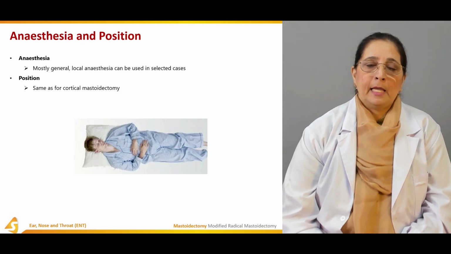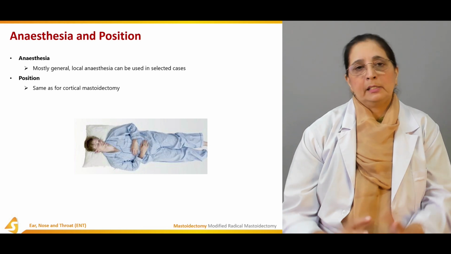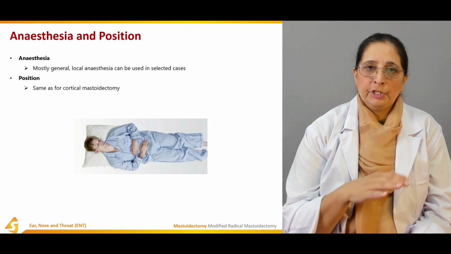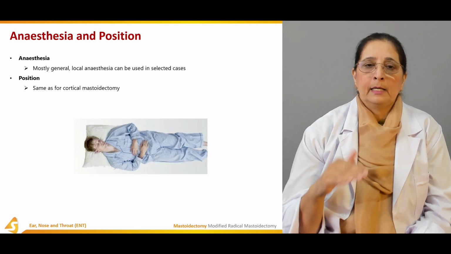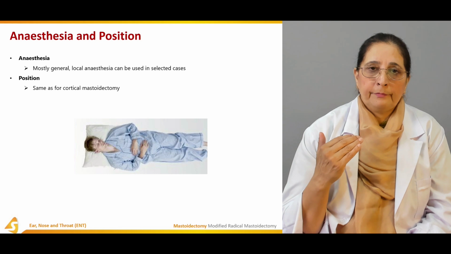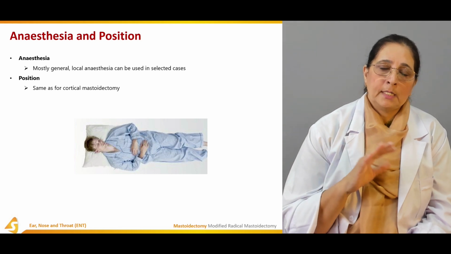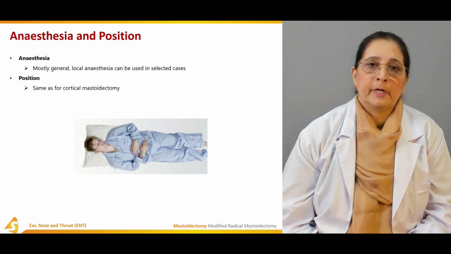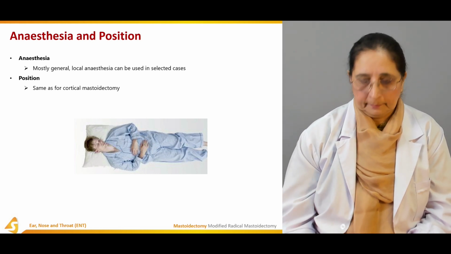Position is the same as for cortical mastoidectomy and radical mastoidectomy. The patient is supine on the back with the face to one side, and the ear that needs to be operated is uppermost.